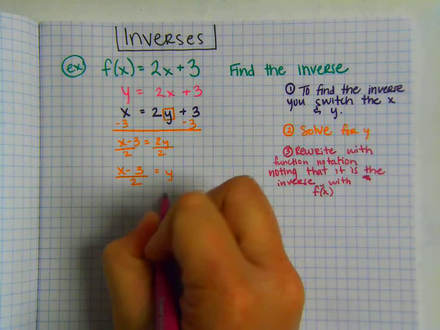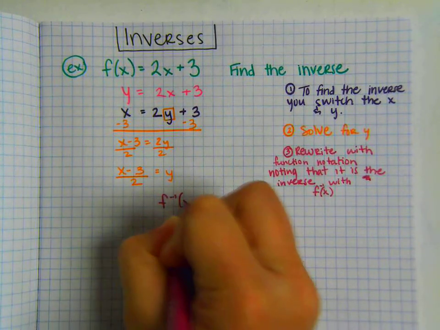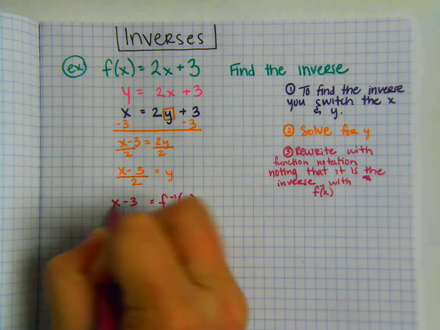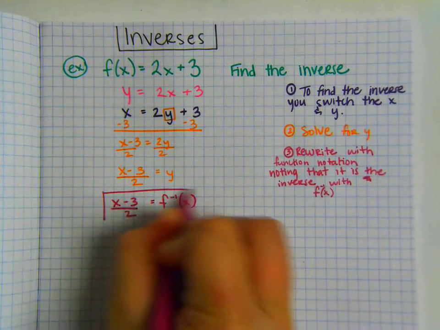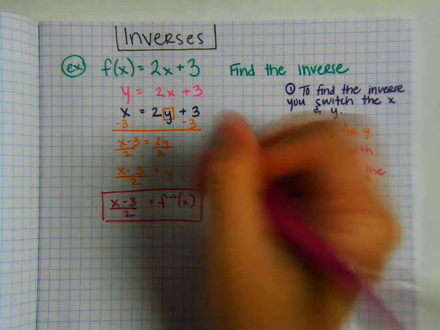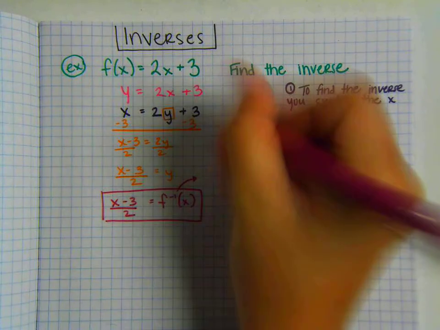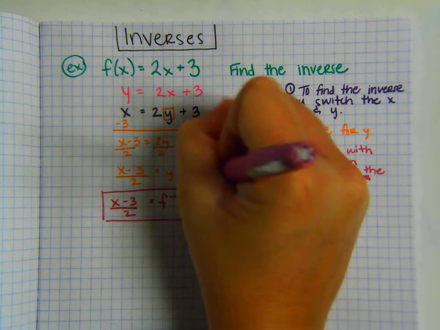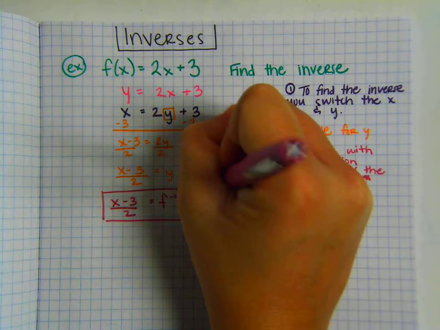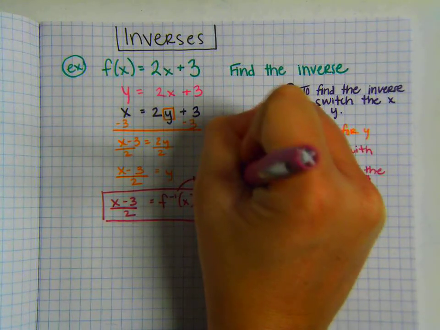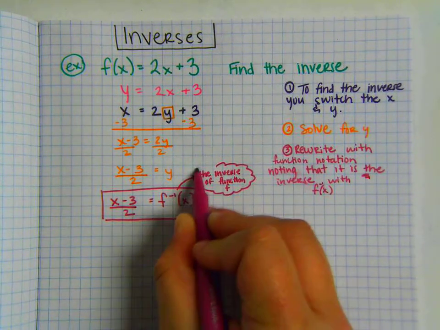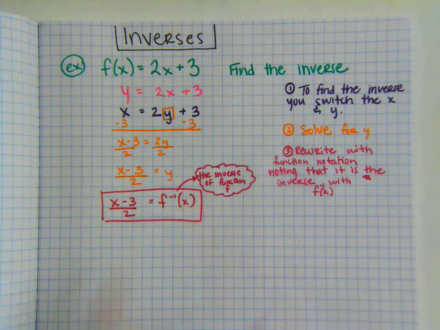So this will be f negative 1 of x, that's the symbol for inverse, equals x minus 3 over 2. Okay, and that's our answer for the inverse, because this symbol right here means inverse. So I wrote the inverse of function f is what that symbol means.